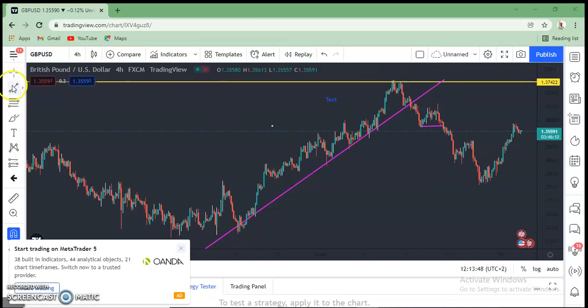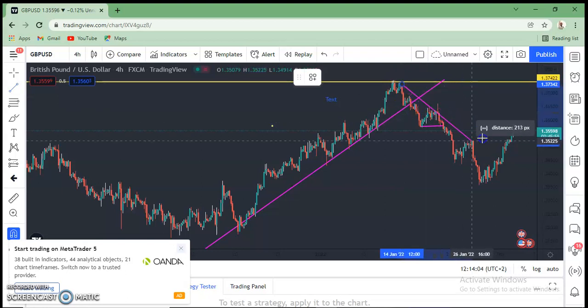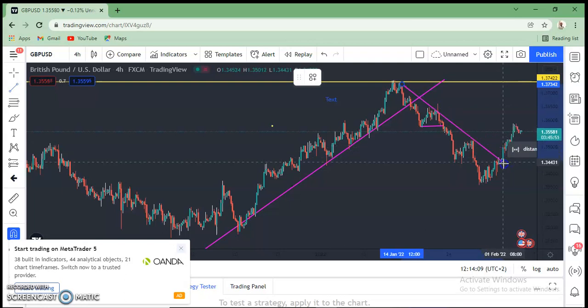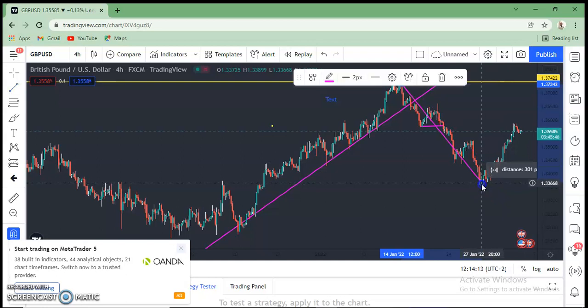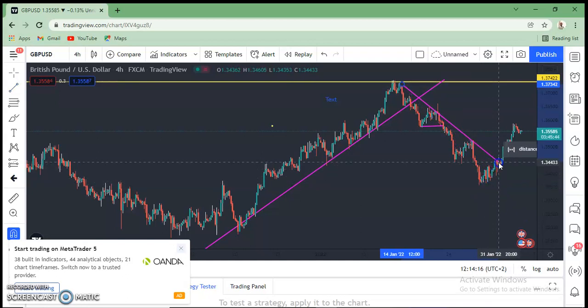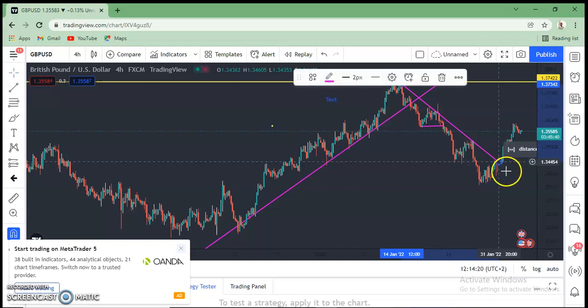As you can see, this currency still was bearish, and if you could have drawn this trend line here, you could see how the market changed from being bearish to being bullish.